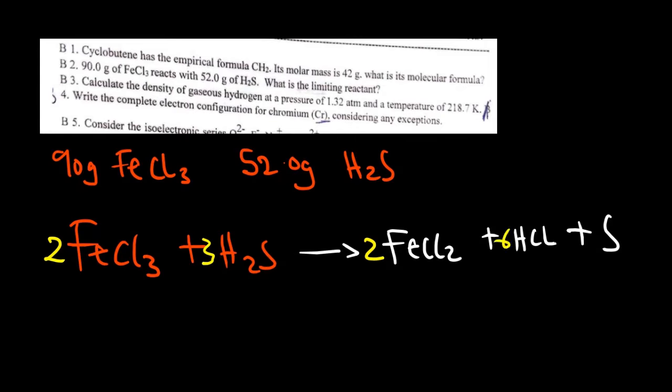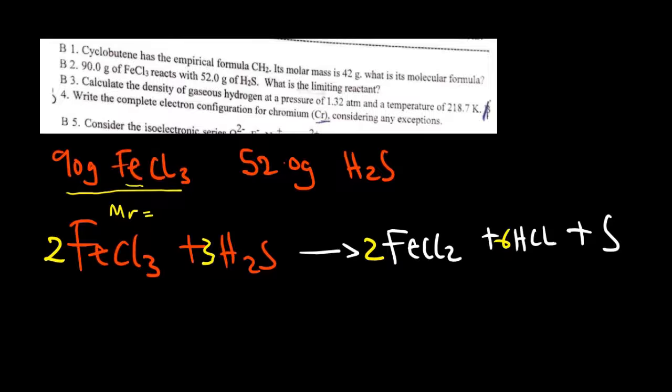So now let's find the moles of iron 3 chloride. We've been given that it's 90 grams. So what is the molar mass of iron 3 chloride? You go on your periodic table and add the mass of iron plus 3 times the mass of chlorine.